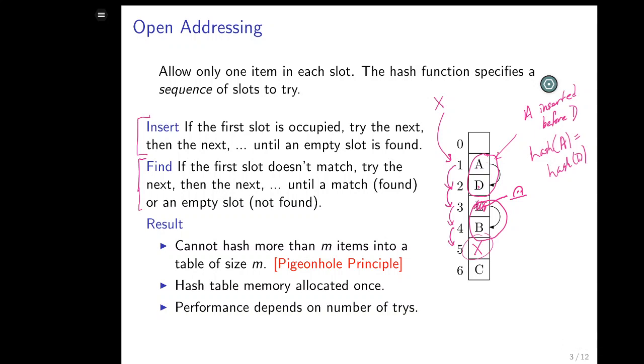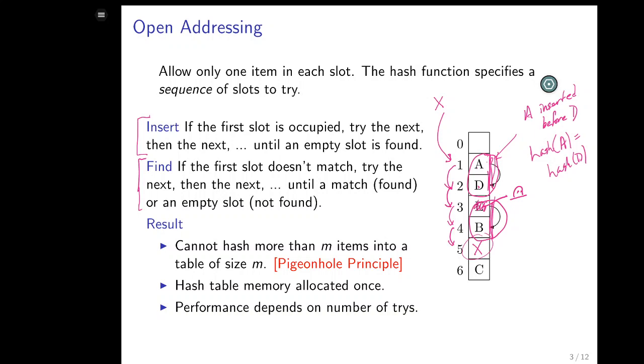In fact, the AD chain is of length 2, and the EB chain is of length 2. If I hash anything into the A location, it now takes 4 spots because it's got to traverse all of that stuff. So that's what I mean by these things interact.